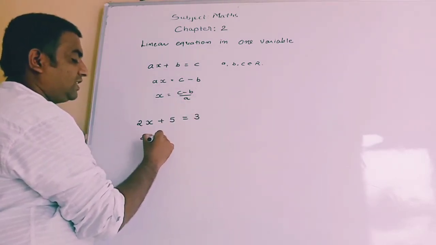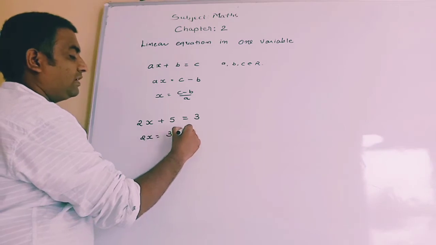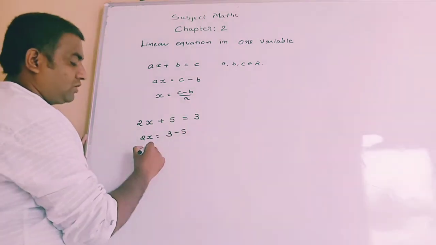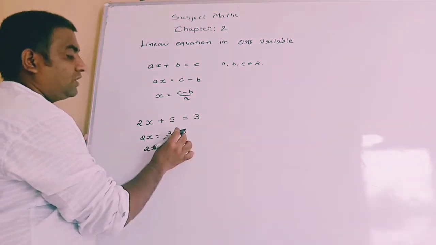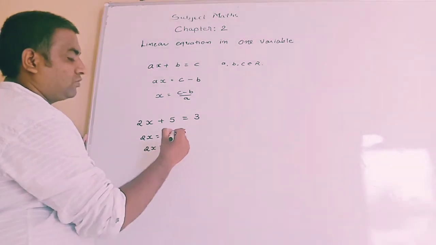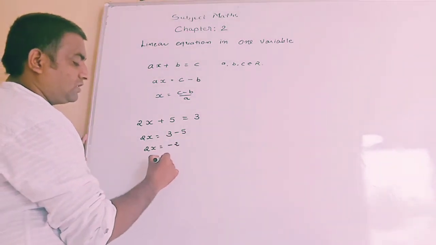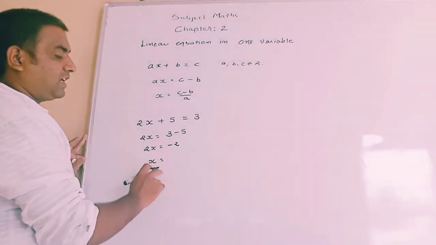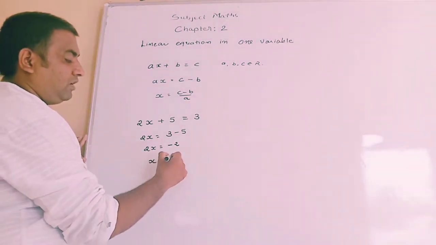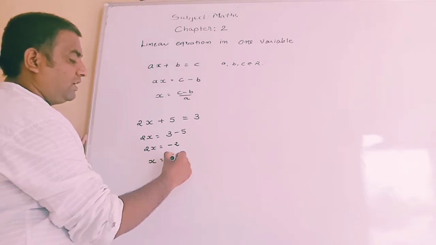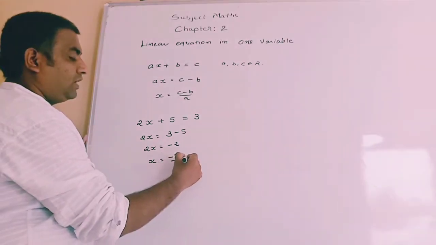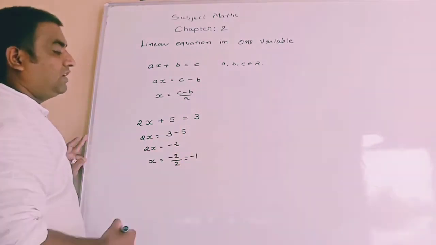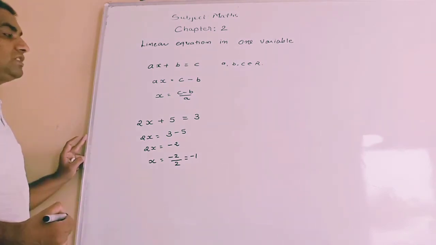So 2x is equals to 3 minus 5. And so 2x is equals to minus 2. And so x is equals to, now 2 is in multiplication relation, it will go to the other side and come into the divide relation. So minus 2 divided by 2, it will come minus 1. So x is equals to minus 1.